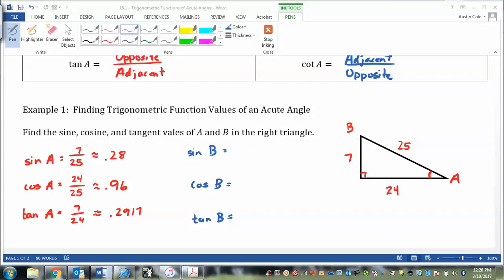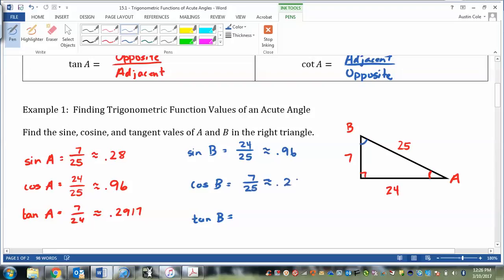So sine of B, here's B now. My opposite side is 24 now, and my hypotenuse is 25. So again, that's going to be 0.96. Opposite over hypotenuse. Cosine B is going to be the adjacent over the hypotenuse, 7 over 25, which is 0.28.